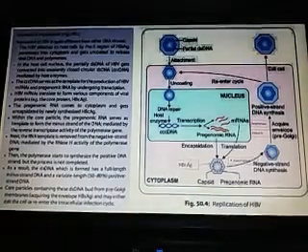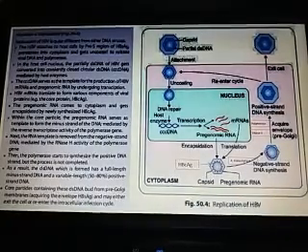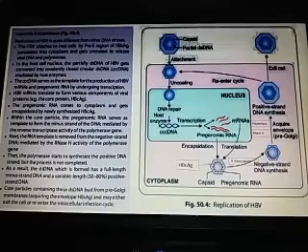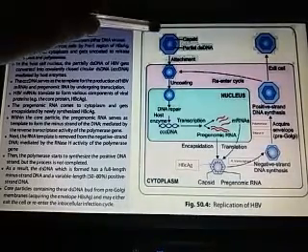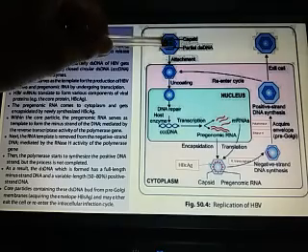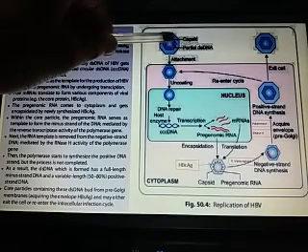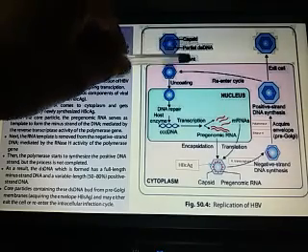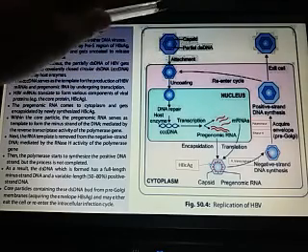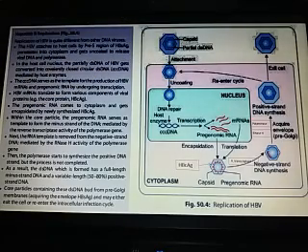Here is a flow diagram of the hepatitis B virus replication. You can see the complete viral particle, the virion, which has a capsid, partial double-stranded DNA, and an envelope, because this is an enveloped virus.